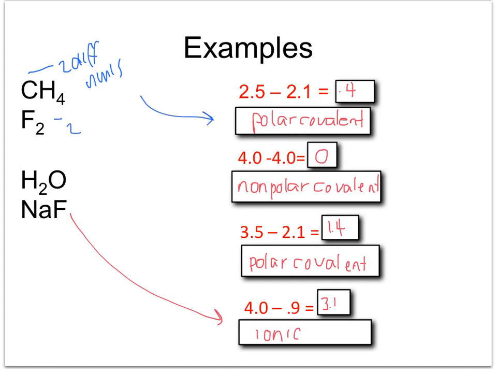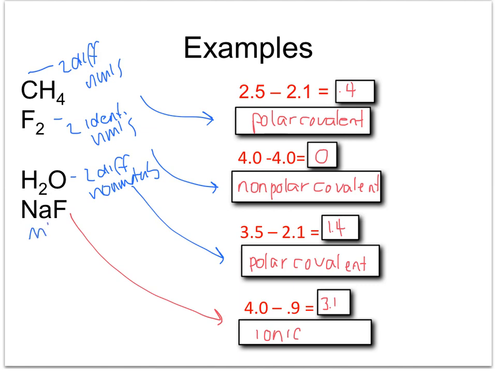F2 is two identical nonmetals, which we would have predicted to be nonpolar covalent. H2O is two different nonmetals. We would have predicted that to be polar covalent as well. And of course, we have a metal and a nonmetal, which we would have predicted to be ionic if we had just used type of atom instead of electronegativity difference.